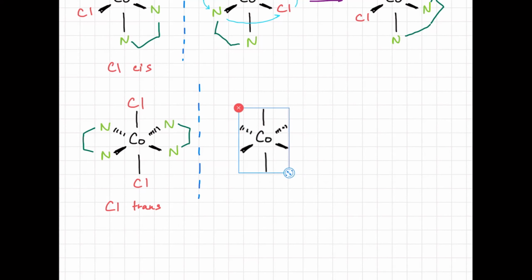This one shouldn't be too hard because the chlorine at the top, the chlorine at the bottom. Oh, I think there's some lag. So the top and the bottom are going to stay at the top and the bottom.